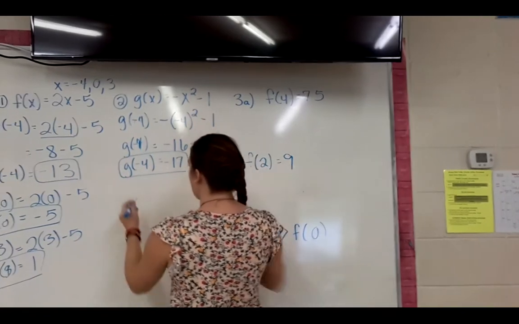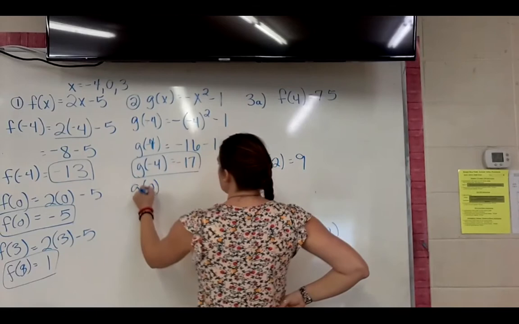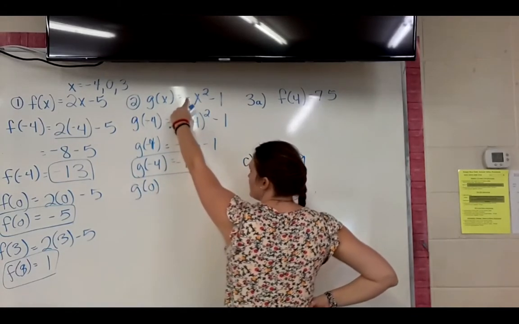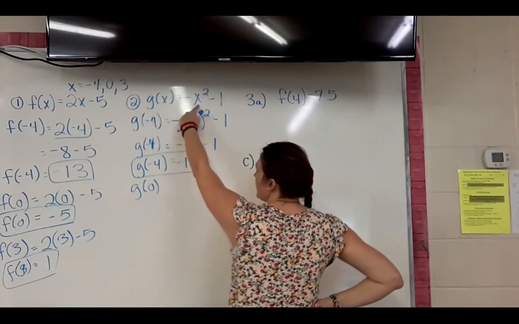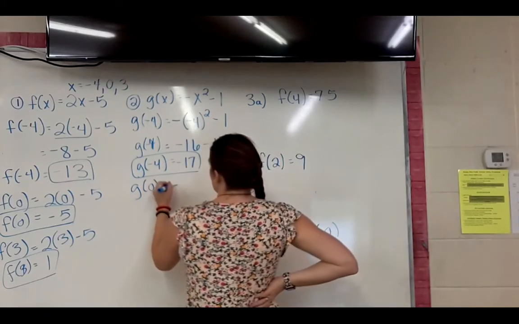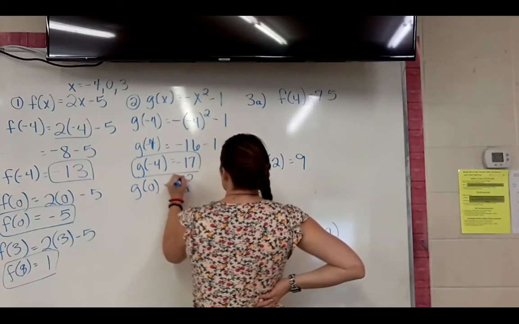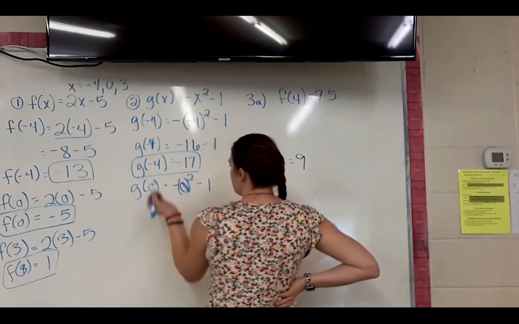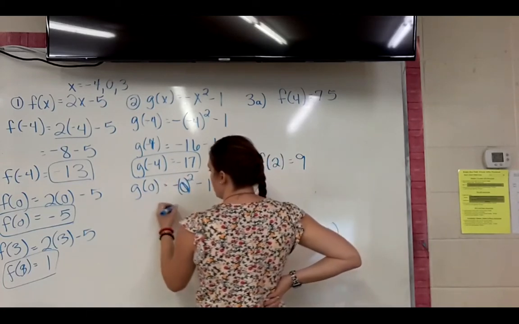That double negative kind of threw us. So g of 0, the reason it stayed out front is because that negative was already there. We were plugging in a negative 4 for x, so they were both there. So 0 times 0 is just 0, minus 1 is negative 1.